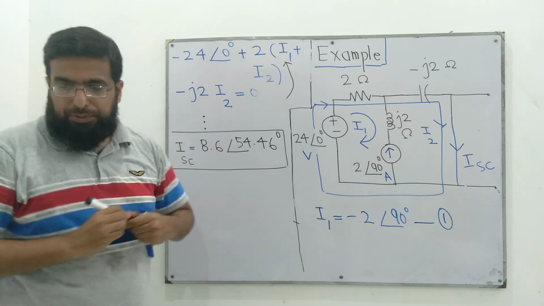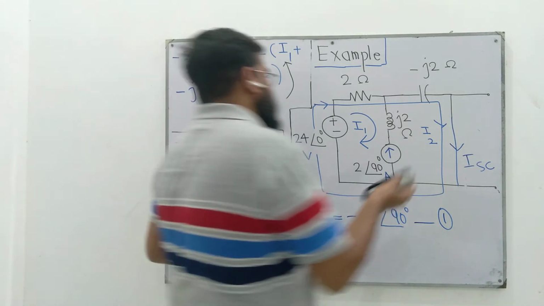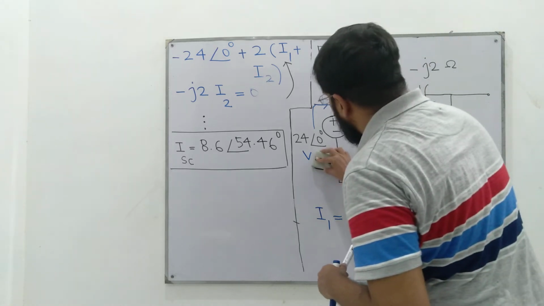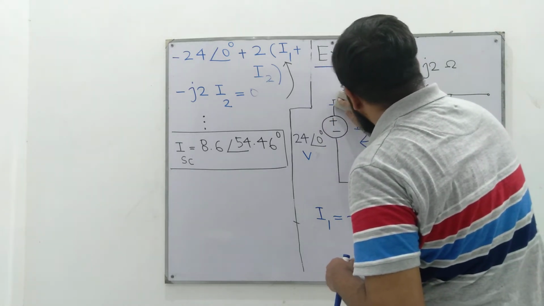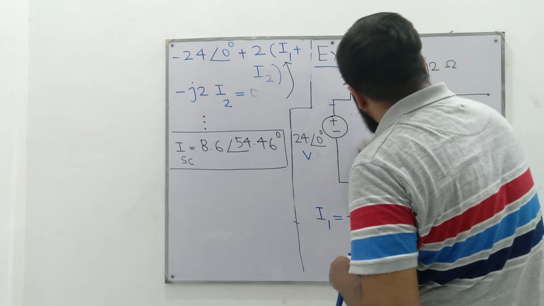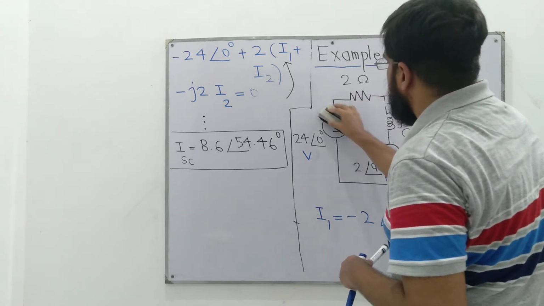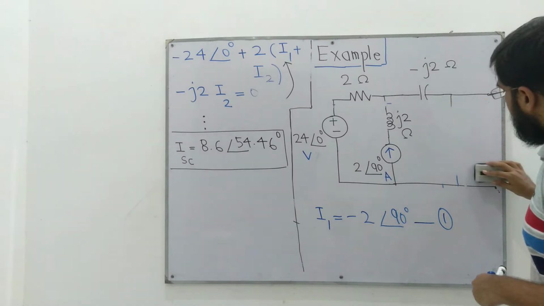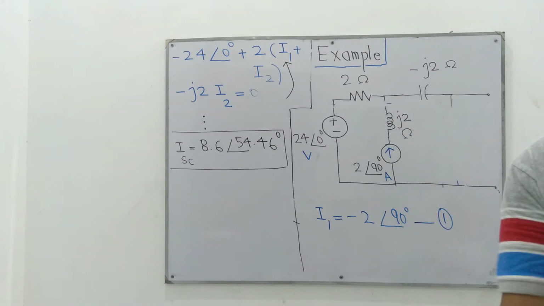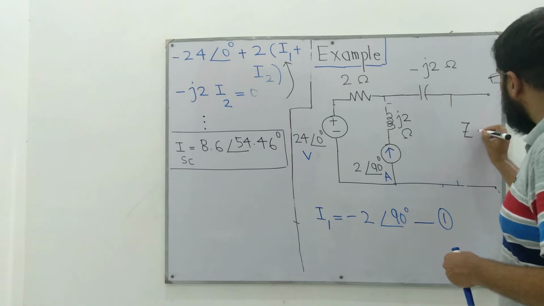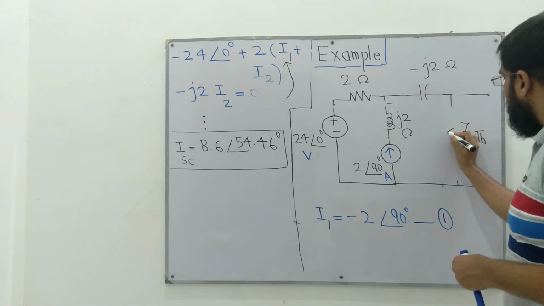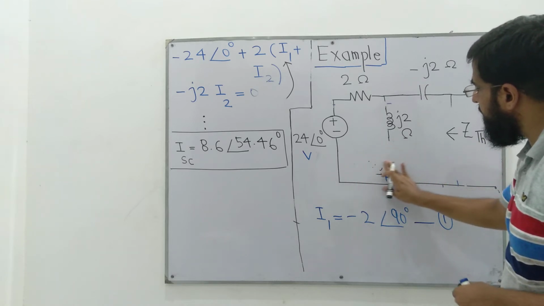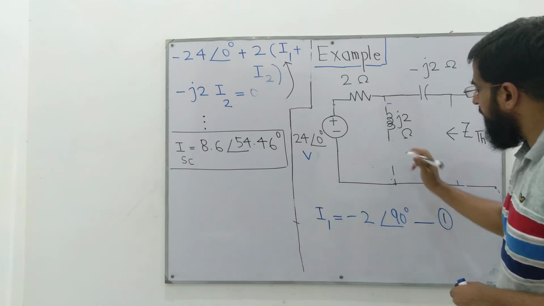Then we have to go through step number 3 to find Z Thevenin. Finding Z Thevenin is the same as we did for Thevenin's theorem. So Z Thevenin for Thevenin's theorem and Norton's theorem is the same. To find Z Thevenin across the open ends, we have to replace sources with their equivalent impedances.